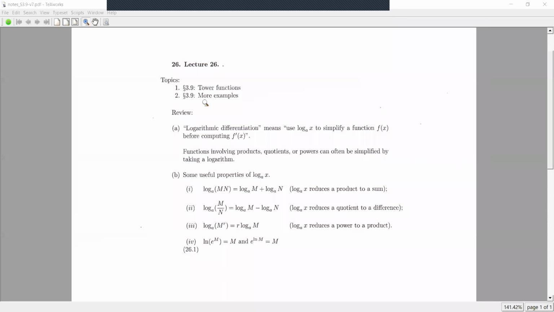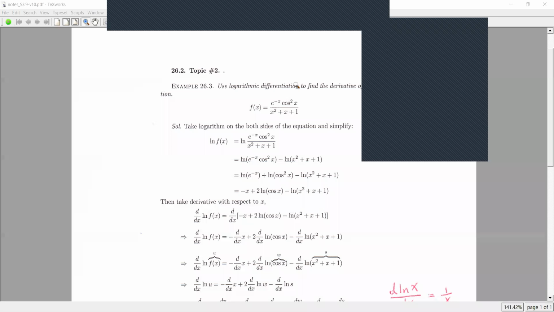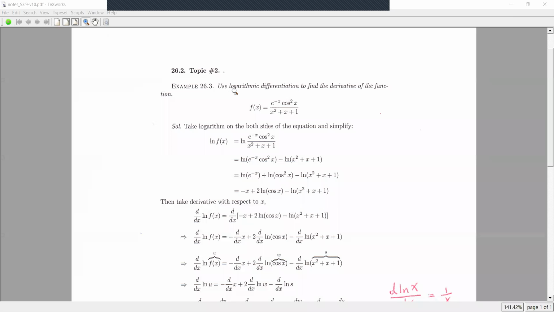Topic 2. More examples. Example 1. Use logarithmic differentiation to find the derivative of this function. The standard solution to compute the derivative of this function is to apply the quotient rule first, because the function is a quotient.